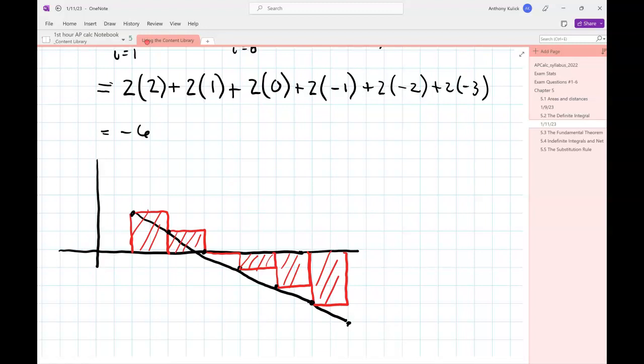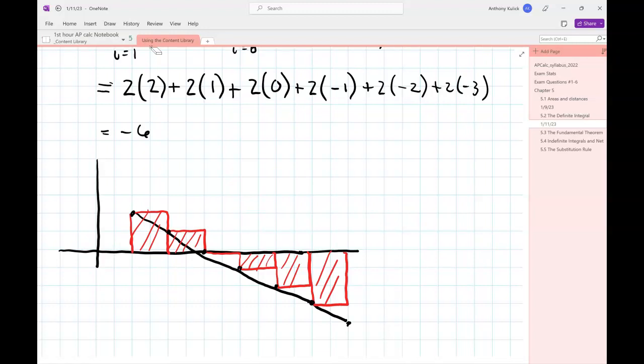So all we're doing is we're approximating the area under the curve, where the area between the x-axis and the curve that's below the x-axis is negative, and the area above the x-axis but below the curve is positive area.